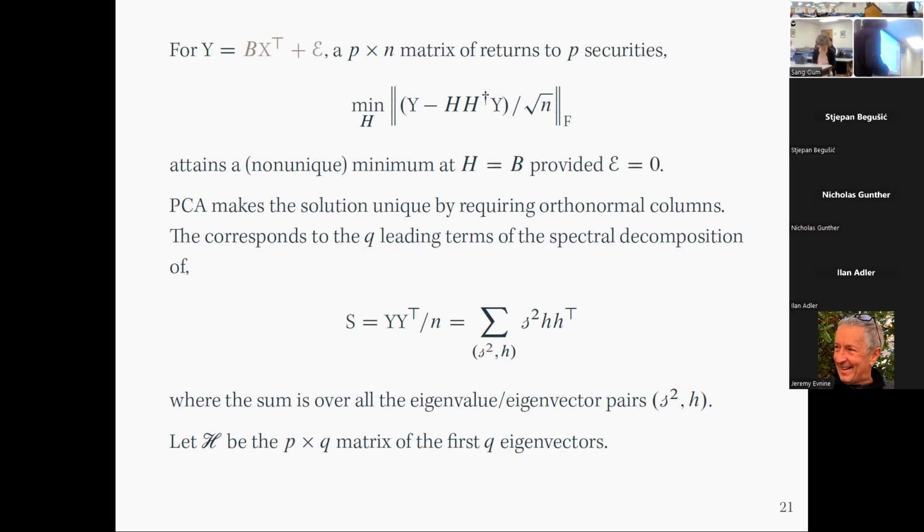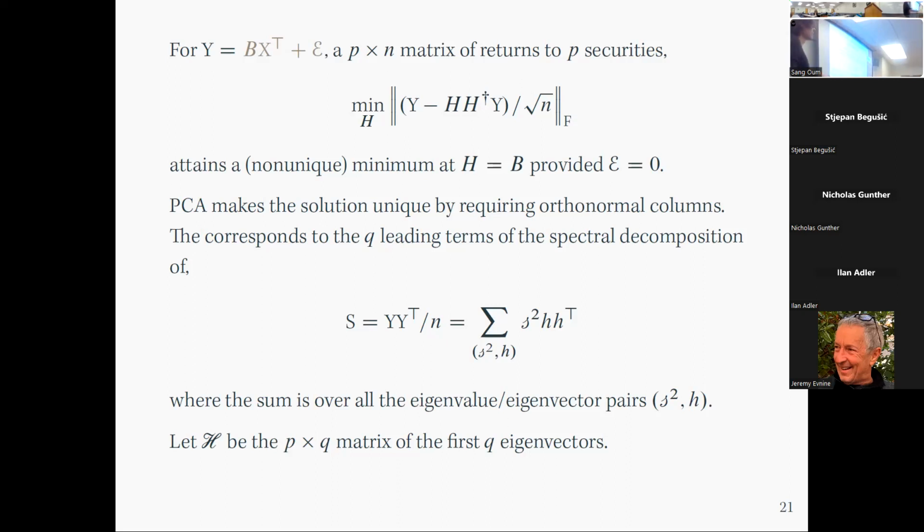The reason I'm writing this is that if you look at H equal to B, provided that the error is 0. Oh, and I didn't cover what the model was. Whoops. I'm going to back up a little bit. The Y that you see on top is a security returns matrix. It's P by N. N is now a new variable. It's the number of observations. So you have a data matrix Y, P rows, those are the security returns, and the columns are the dates, returns on day 1, day 2, all the way through N. Sorry, I omitted that.